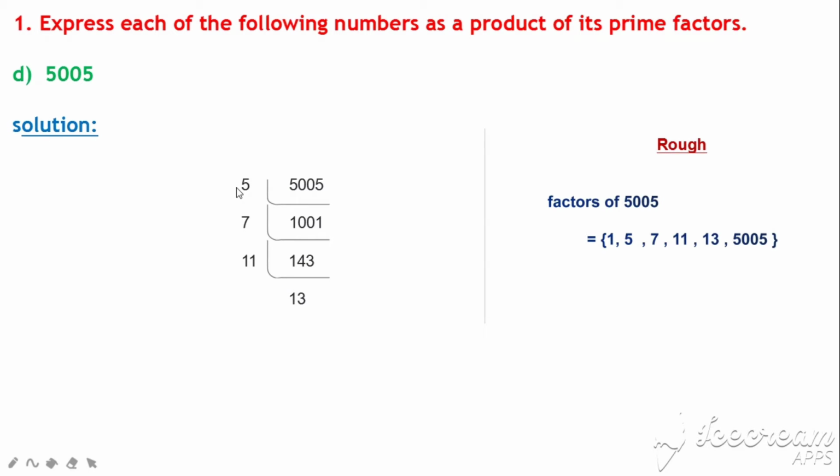Now when you consider here, all the numbers are prime numbers. So 5005 can be expressed as 5 into 7 into 11 into 13, which is the product of primes.